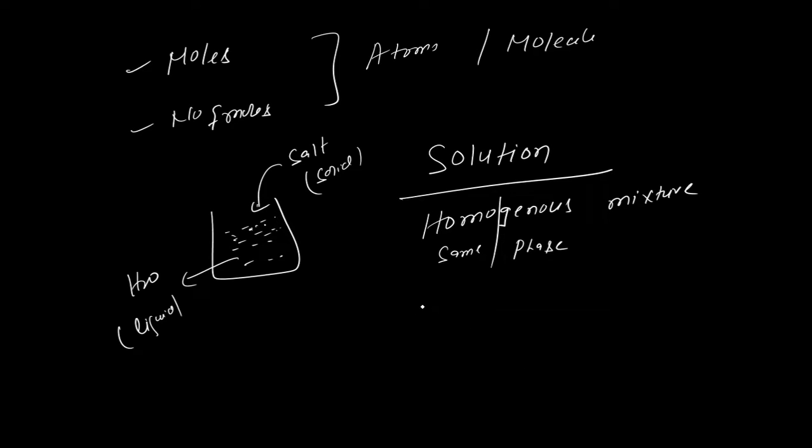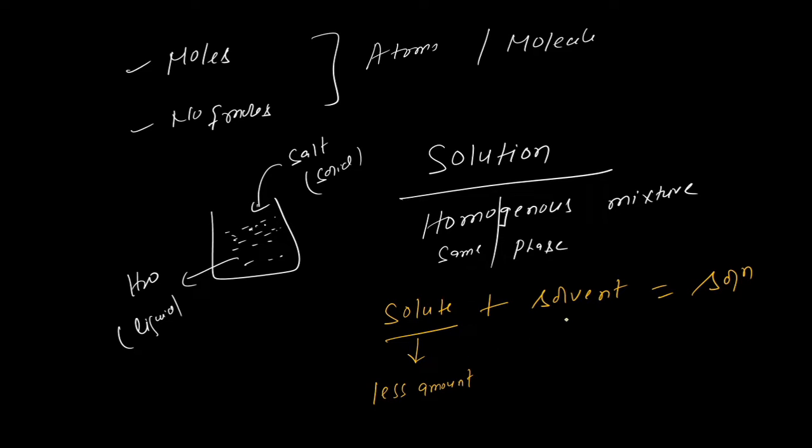Now we can also explain the term solution like this: solute plus solvent is equal to solution. What is solute? On the basis of amount, the one which has less amount is known as solute, and the one which has larger amount is known as solvent.